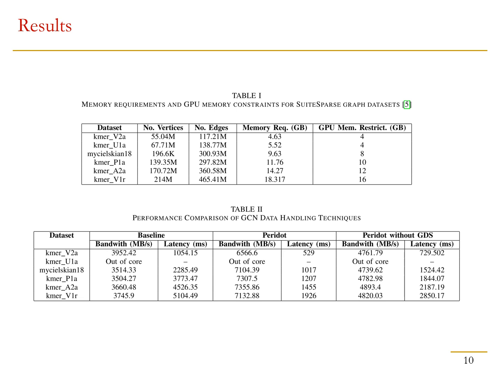This analysis focused on two key metrics, bandwidth and latency, which are critical for assessing the efficiency of the data handling technique in GCN. The results demonstrate that Peridot significantly enhanced the bandwidth across all the datasets when compared to the baseline configuration.